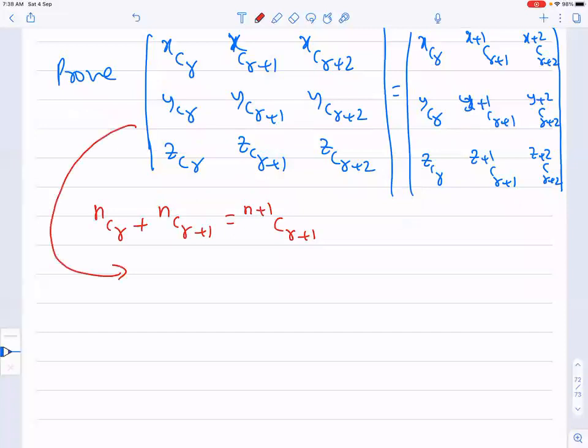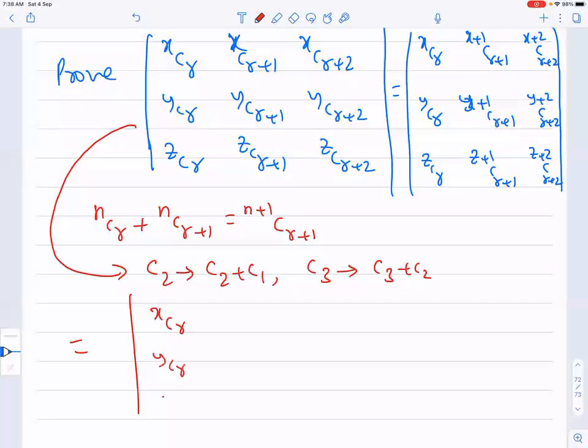I will add C2 goes to C2 plus C1 and at the same time C3 goes to C3 plus C2. What are we going to get? C1 is going to remain same. C2 will be the addition of these two, that will be X plus 1 CR plus 1, Y plus 1 CR plus 1, Z plus 1 CR plus 1. Correct?